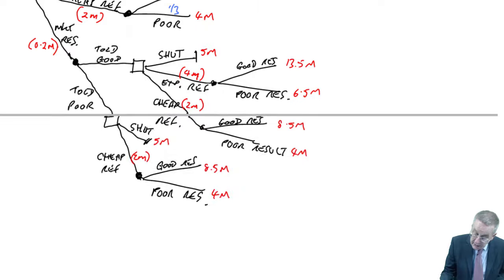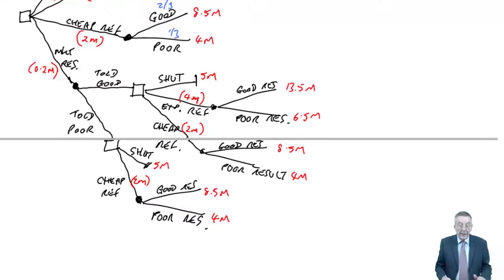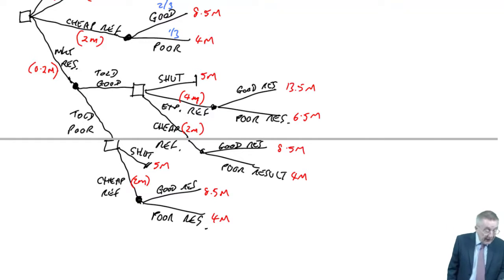What about if we do market research? Market research, remember, we have to wait until we hear what they say, good or poor, and then we'll make the decision. So what's the probability they tell us it'll be good? Four or five paragraphs from the end: independent companies offer to undertake market research.